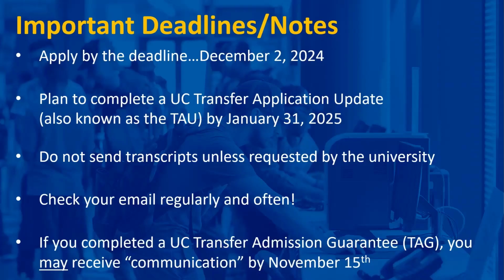So the important deadline to keep in mind is that for the fall 2025 filing period, the deadline for the application is December 2nd, this year, of course, 2024. It's an extension. Normally it would be November 30th.